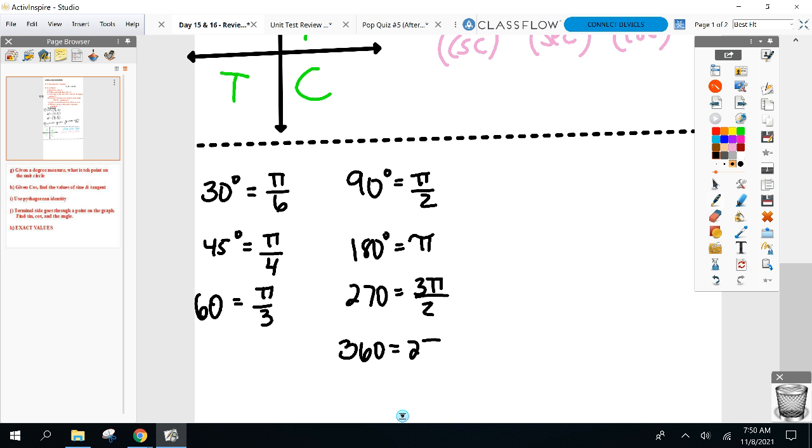Yep. They're the common ones we've been using, because anything we do in degrees can be done in radians.